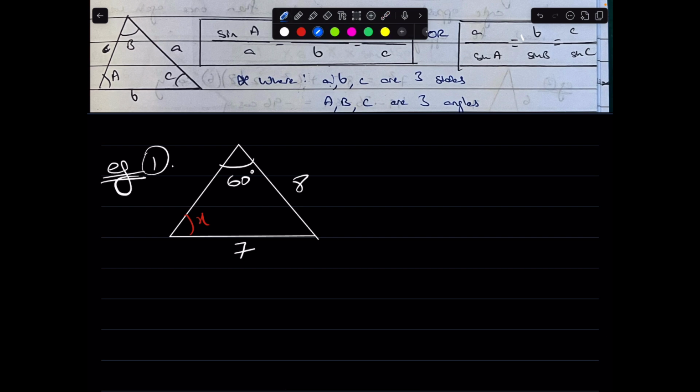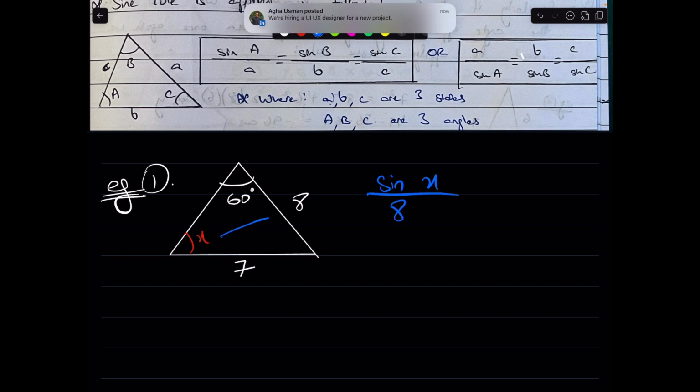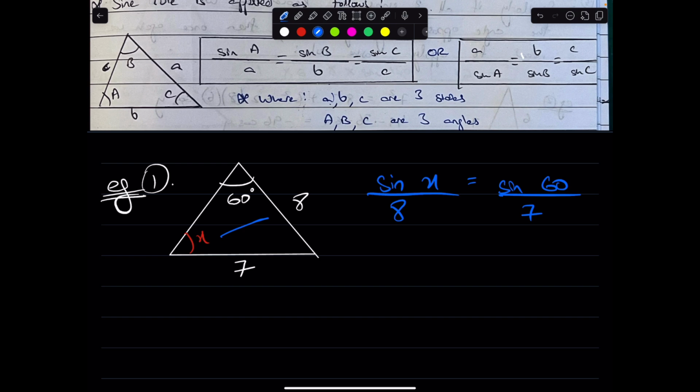Let's say we are given this. So we have two known sides and one known angle that is opposite one of the known sides. So we can form our ratios as sin x over 8 equals sin 60 over 7.